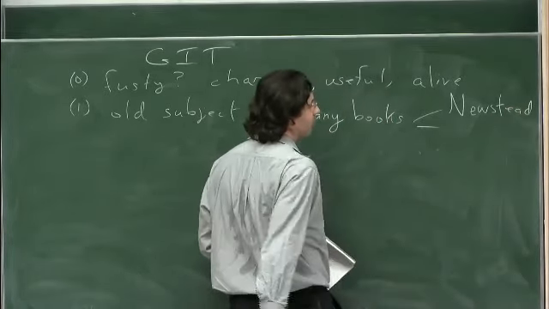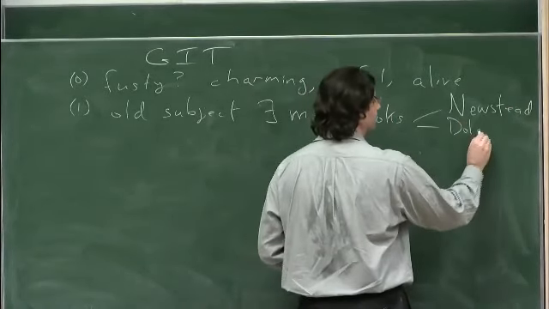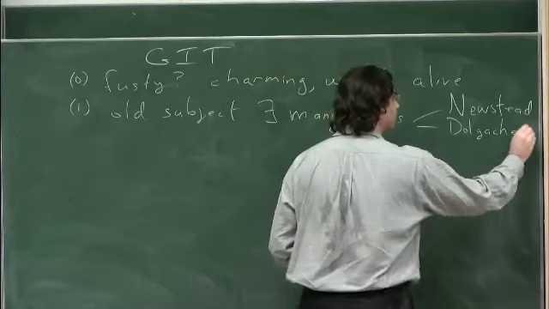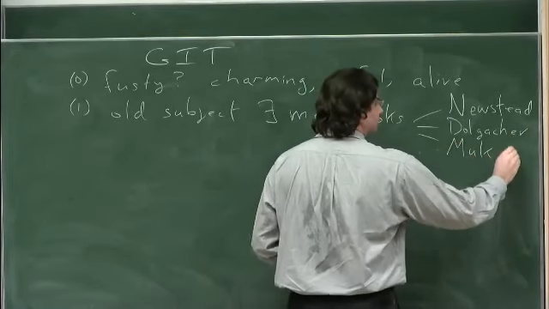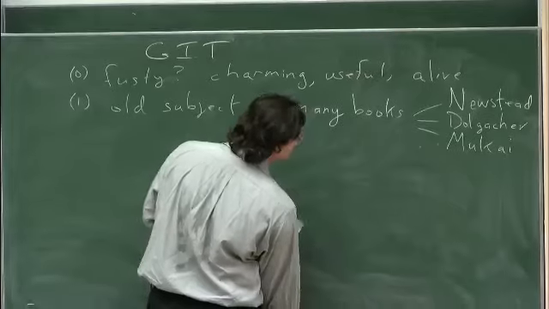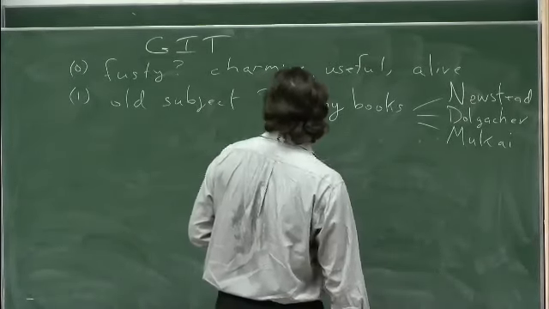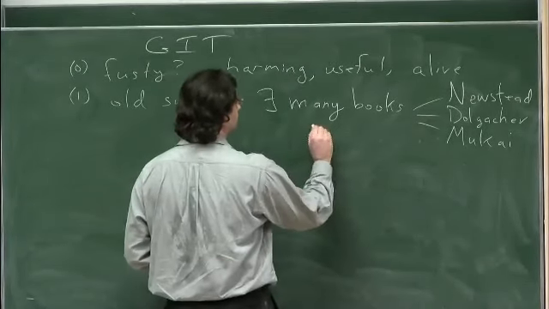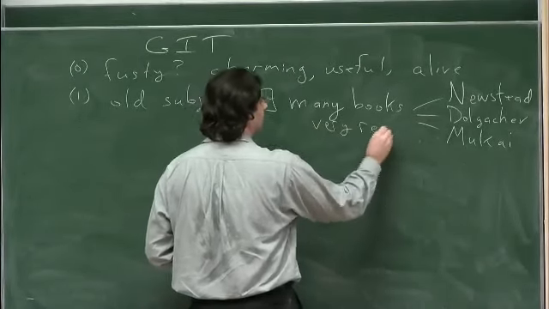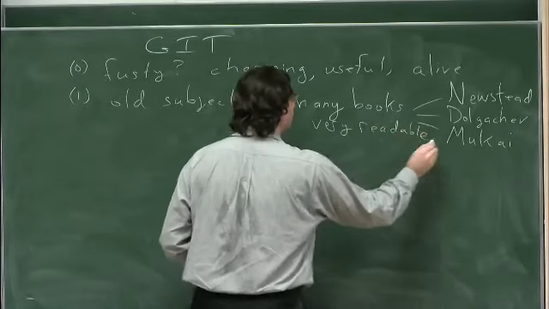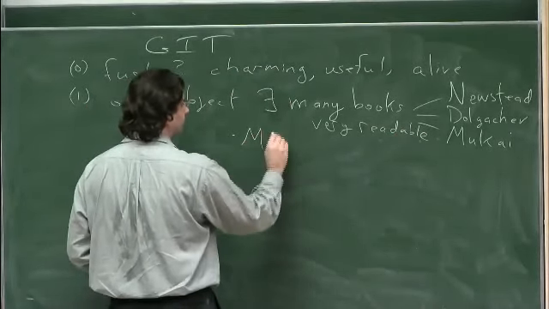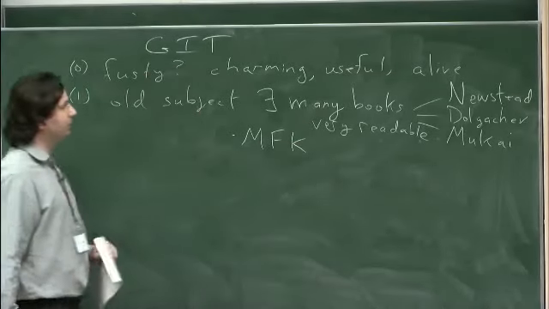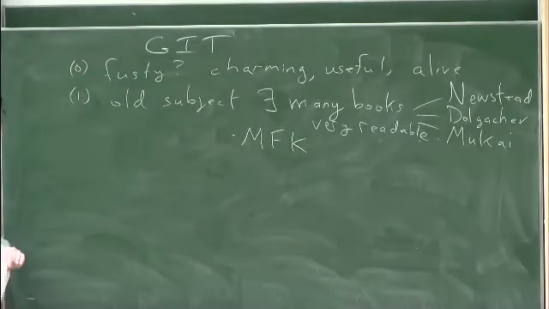There's a very nice book by Dolgachev from about 7 years ago, Cambridge University Press, on invariant theory. And Mukai, his Japanese texts have been translated into English. They're also a good source. And of course, so these are highly readable. And there's another very good book, of course, the core text, Mumford, Fogarty, Kirwan, which although very good, I would not say is necessarily very readable.